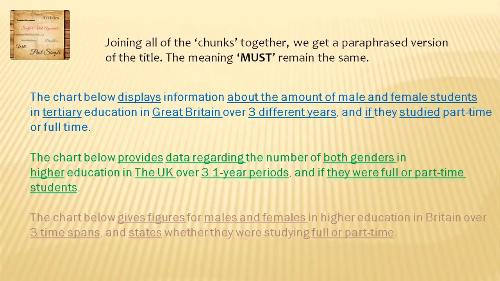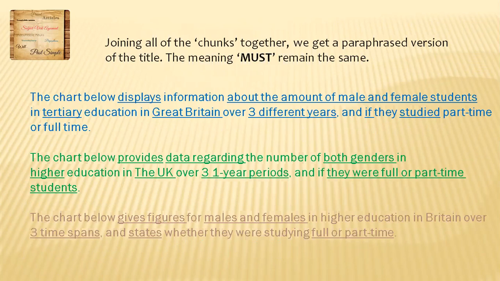The chart below gives figures for males and females in higher education in Britain. Again, we've changed a lot, so sometimes we can leave words as they are, over 3 time spans, and states whether they were studying full or part-time.